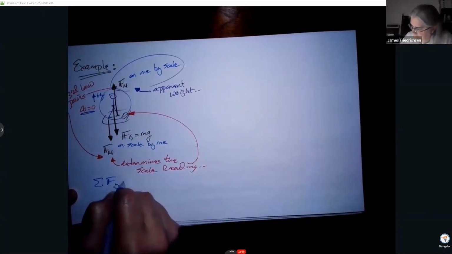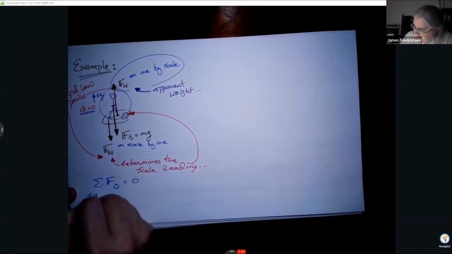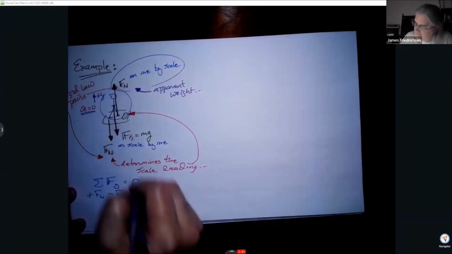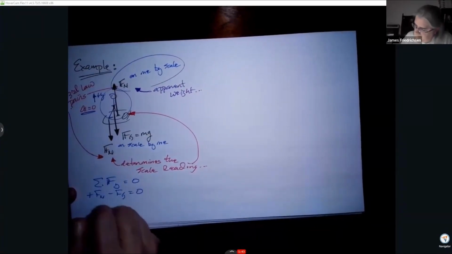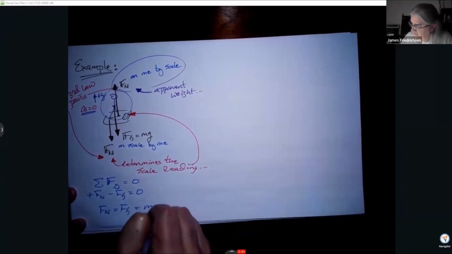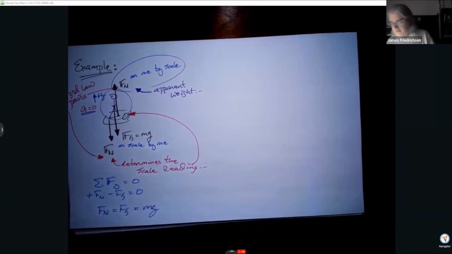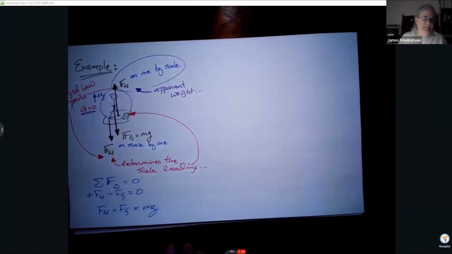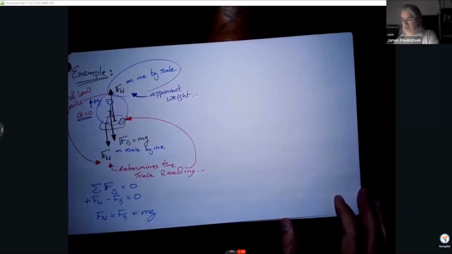The net force in y is 0, so the normal force on me minus the gravitational force is 0. So the normal force equals the gravitational force equals m times g. This is your scale reading. This is my weight. That's the mass. They're all kind of hanging out in the same expression.